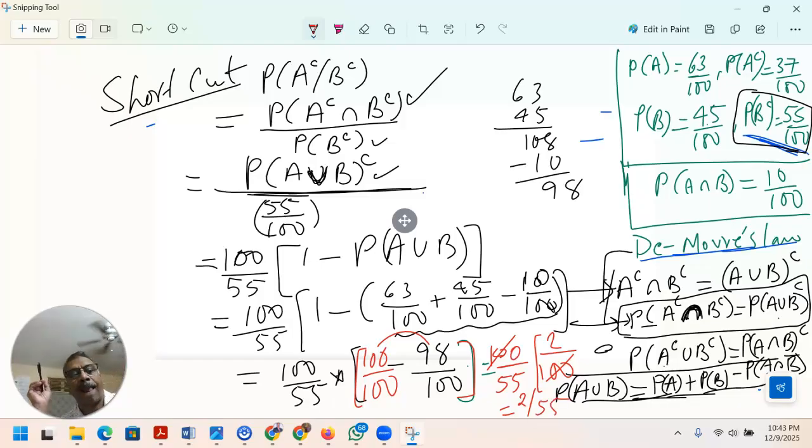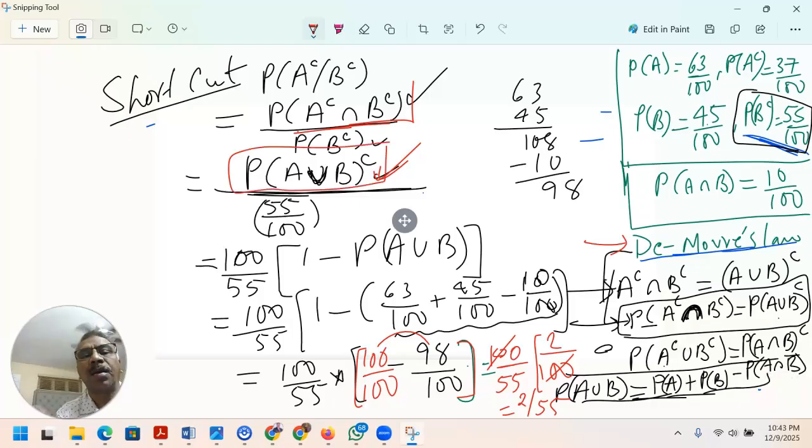It's so simple. I hope I made sense to you: everything is coming together, conditional probability, the multiplication rule, the complement rule, and also the addition rule, and De Morgan's law as the shortcut way. If you reach this step, A union B is 98.